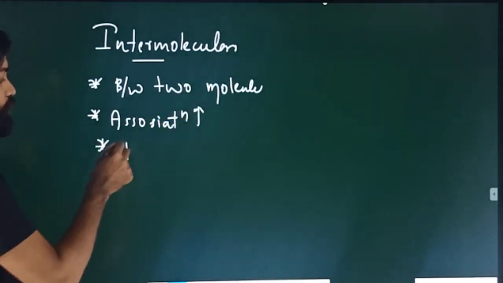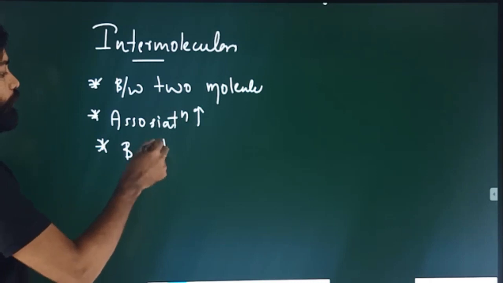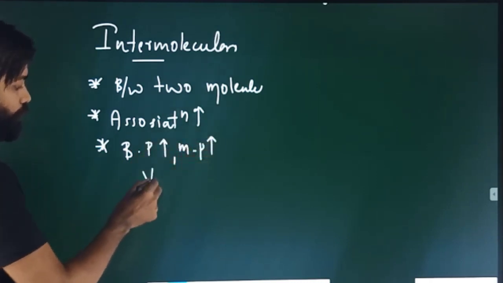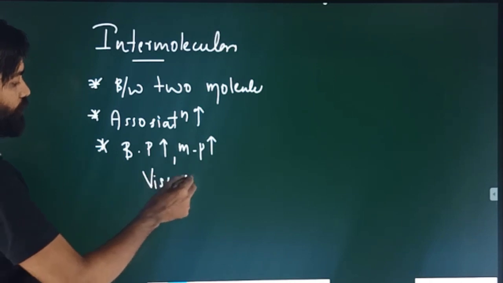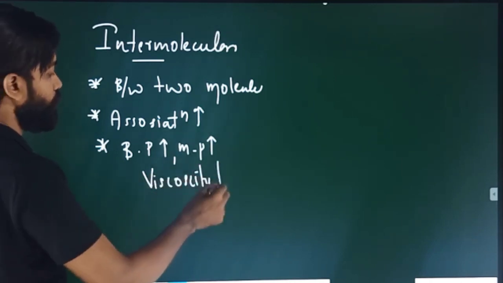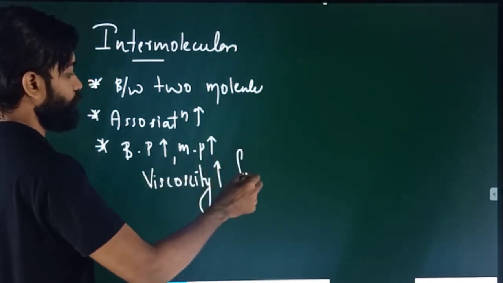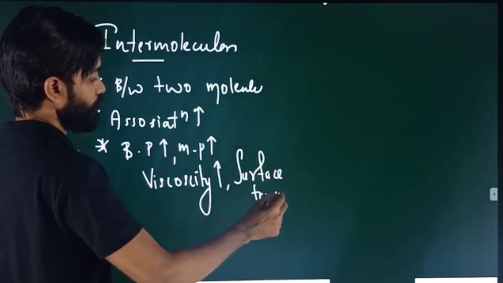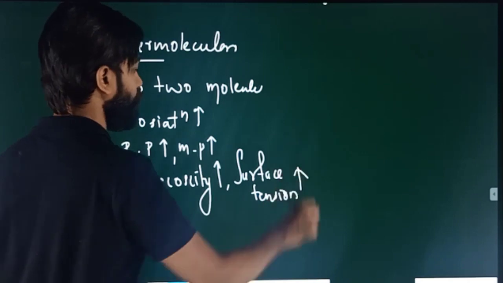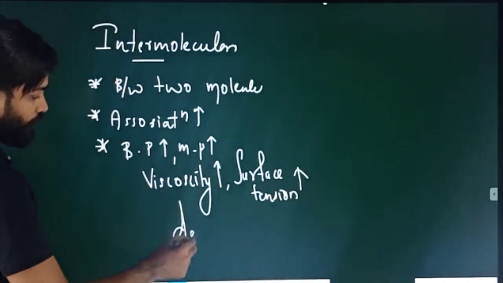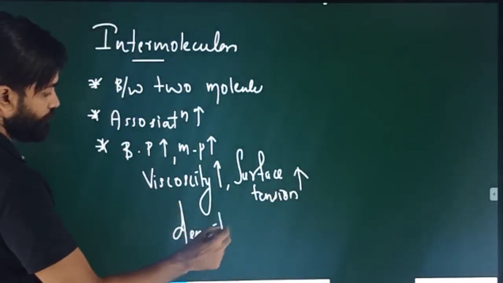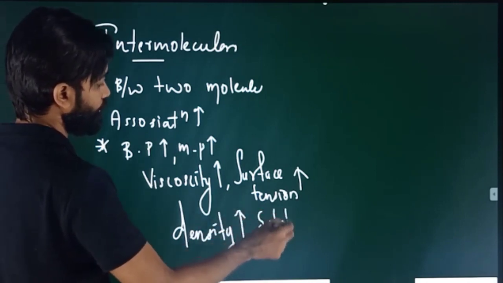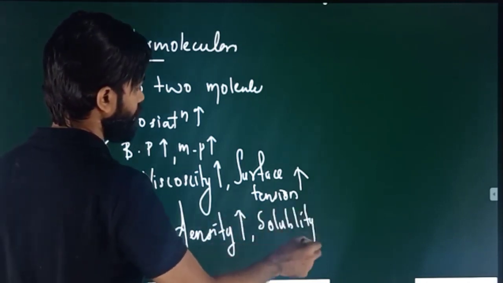As the molecular association increases, boiling point increases, melting point increases, viscosity increases, surface tension increases, density increases, solubility increases, etc.